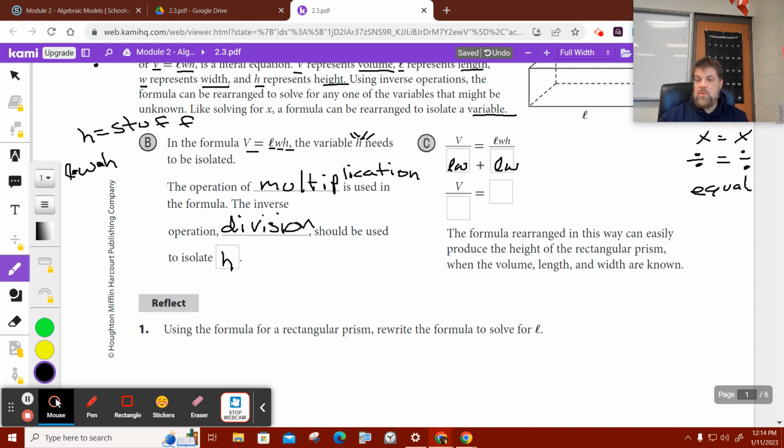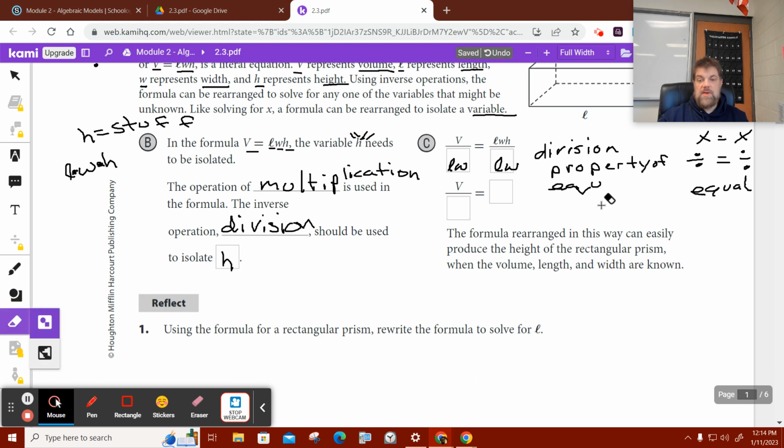When I divide both sides by the same value, that is the division property of equality. And this is an important thing to learn, so let me draw that a little better so it's easier for you guys to read.